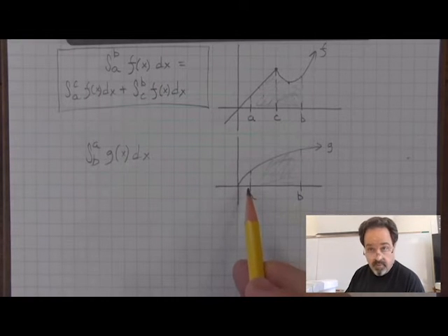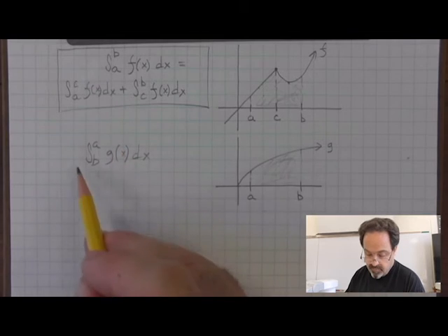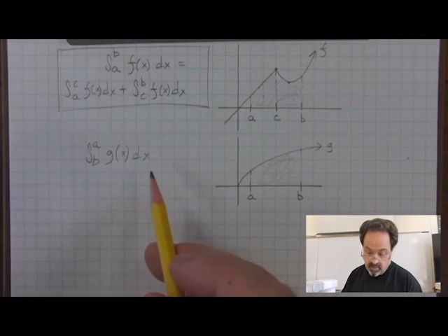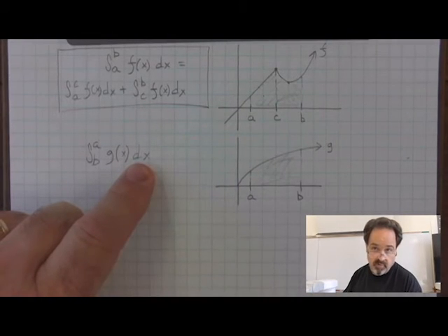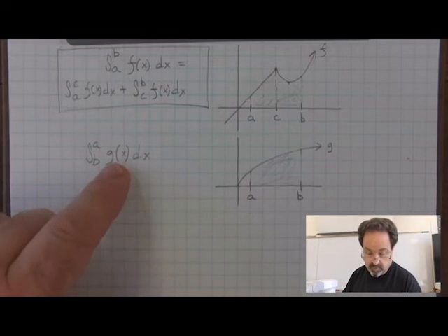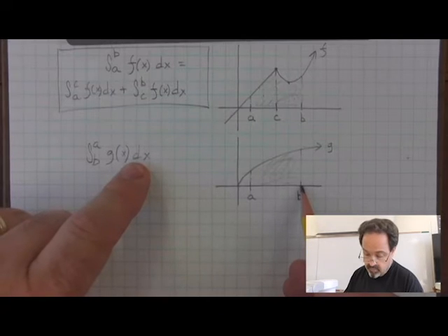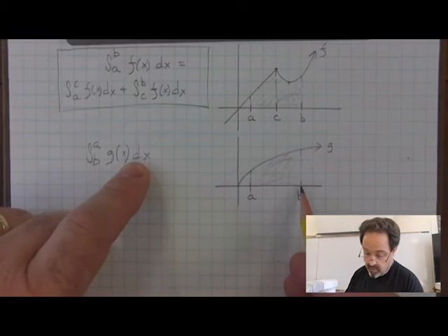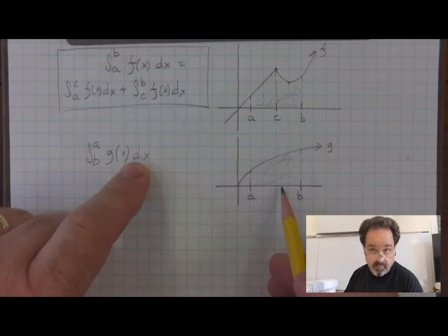What's the difference? Well, remember that the definite integral came from the sigma notation that adds up rectangle areas, that the dx represents the change in x or the base of those rectangles. G of x represents the height. It's the base of the rectangles that I'm finding by going backwards, which means that I will produce a base that is negative if I start with a higher value and head towards a lower value.